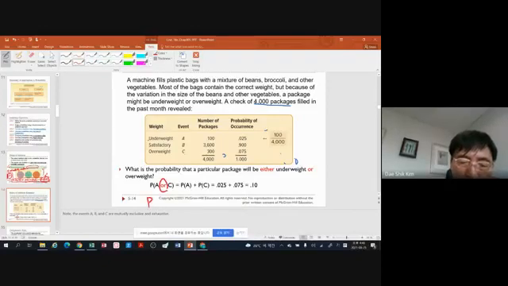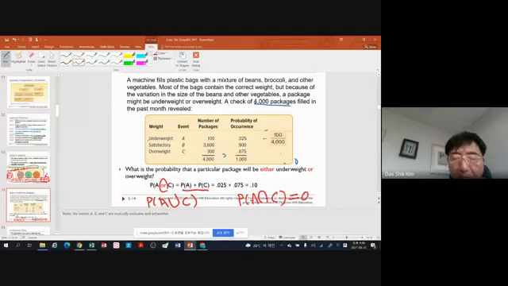So P(A or C), underweight or overweight, is P(A) plus P(C). You cannot use P(A and C), which is zero. It may not happen at all because they are mutually exclusive. For mutually exclusive events, A or B is just addition. Okay, addition will be enough.